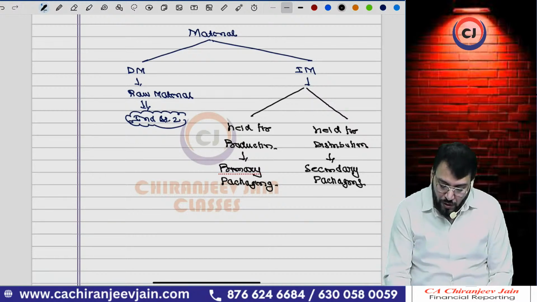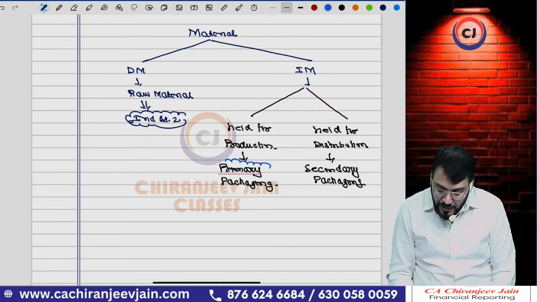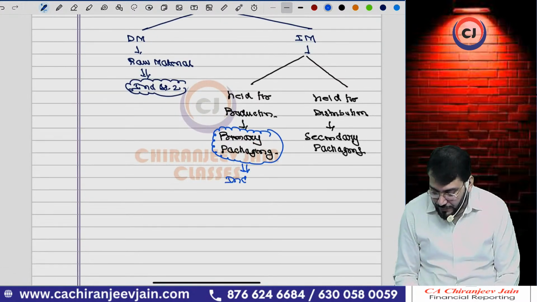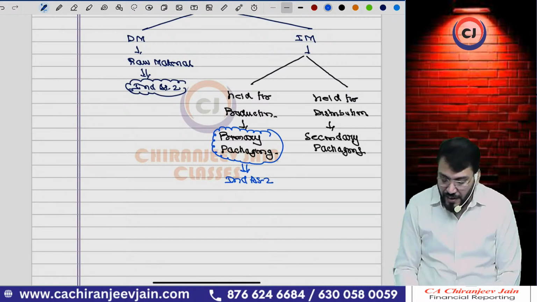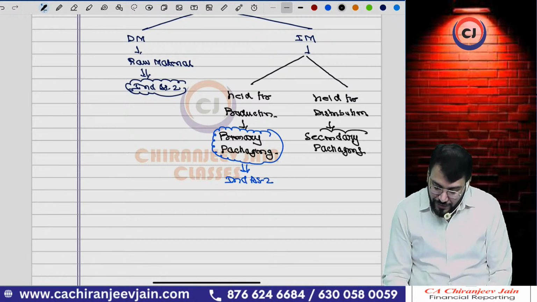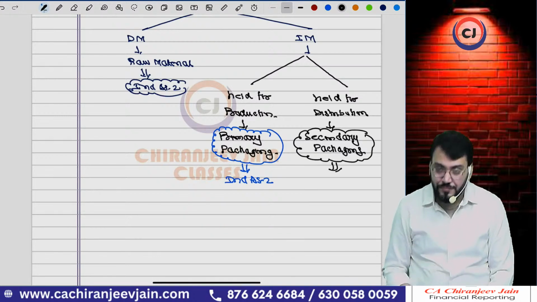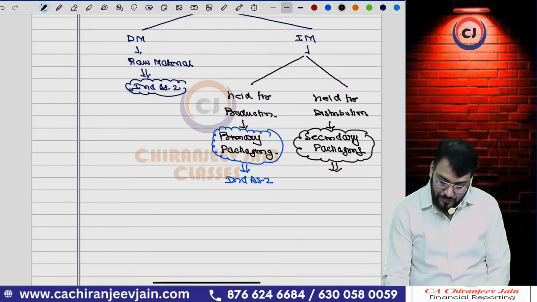Now my question to you all: whether this primary packaging is an inventory or is not an inventory. It means Ind AS 2 will be applicable. Whether this secondary packaging is an inventory or not an inventory. Means you are saying Ind AS 2 will not be applicable. Why?